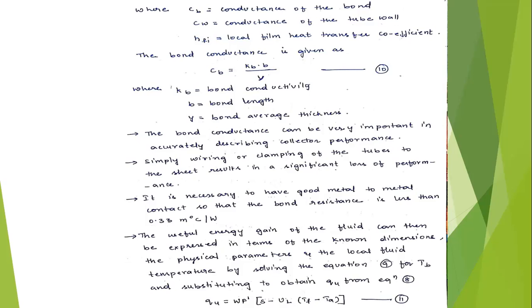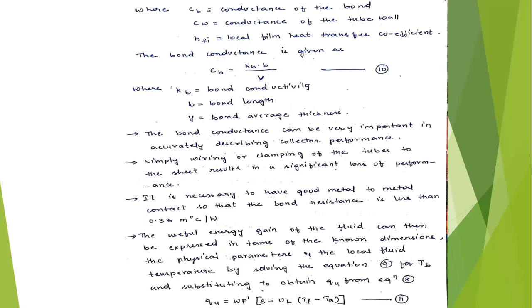While analyzing the collector performance, this bond conductance Cb is a very important factor. Simply wiring or clamping the tubes to the sheets is not sufficient, as it results in significant loss of performance.